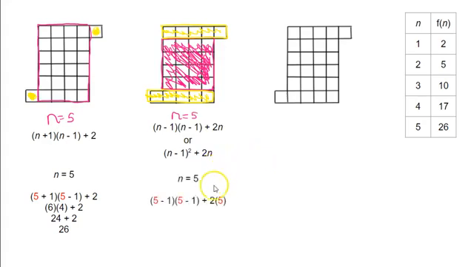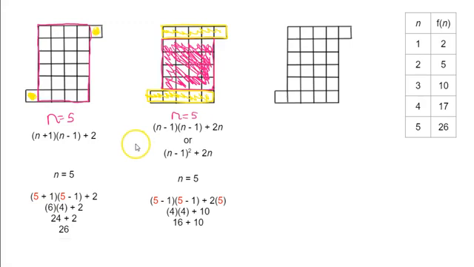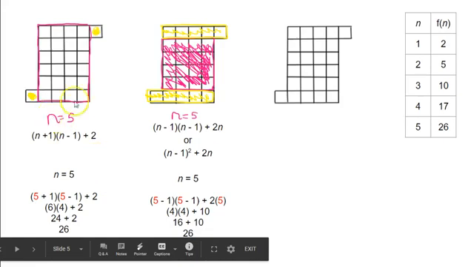And so if we substitute the 5 into this initial expression, we would get 5 minus 1 is 4, times 5 minus 1 is 4, plus 2 times 5. So we'd end up with 16 plus 10, or 26, which again matches what we found in our table and matches what we found if we looked at it the first way we described.